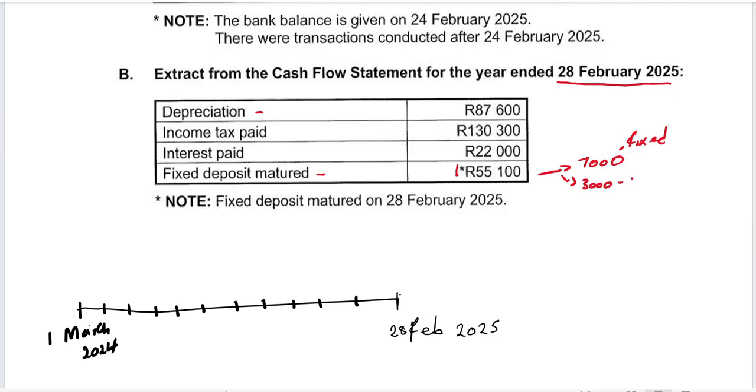This is the what? The fixed deposit matured. This fixed deposit matured, we're gonna take it and put it where? On our bank. Why are we putting it on our bank? Because this is our money, it is on the bank, but we won't use it right now.